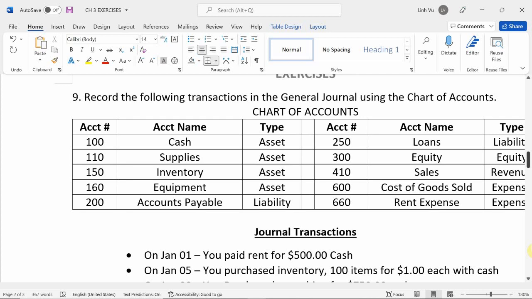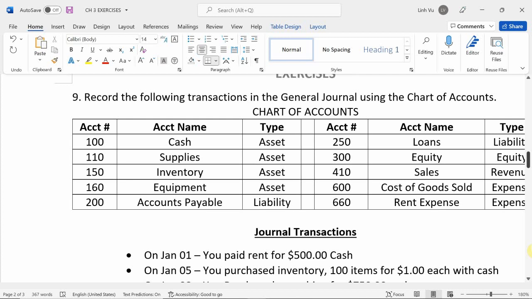How did I buy my inventory? It says you purchased it with cash, 100 items, each one cost $1.